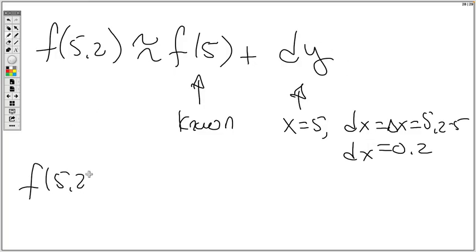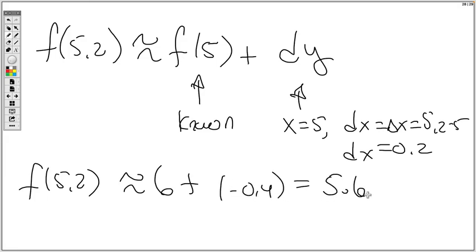So f of 5.2 is roughly 6 plus the dy, which we got to be negative 0.4, which is 5.6. Do you see how all the parts are coming together to give us this calculation? You have a differentiable function, which means it's locally linear. So f of 5.2 should be f of 5 plus a little bit. That little bit we find by going to the tangent.